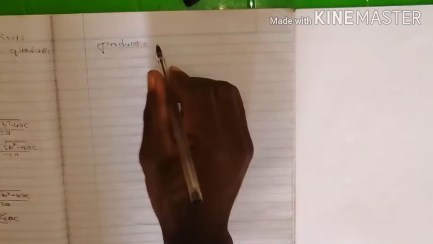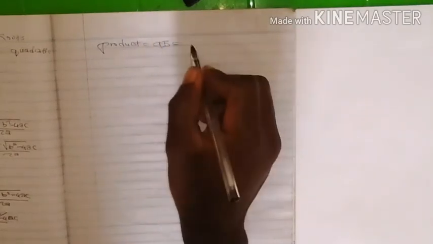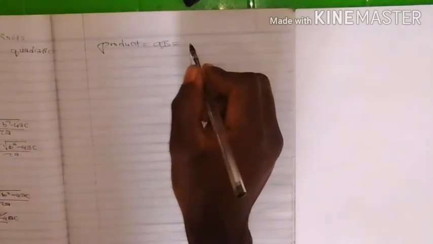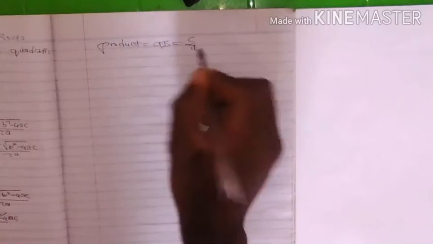Okay. Let's say we want to find the product of the roots. The product of the roots, we know it is alpha beta, and alpha beta we have found that it is equal to c over a.